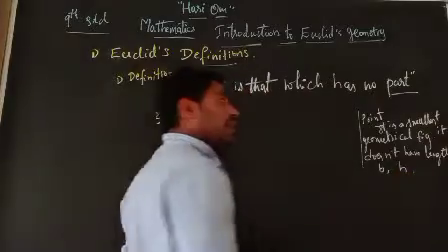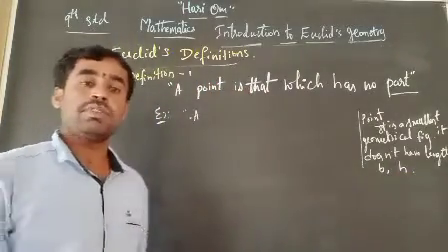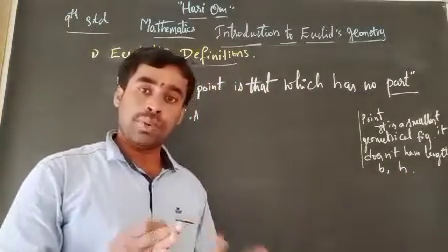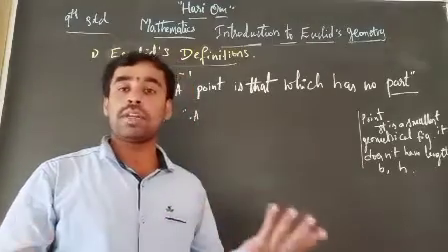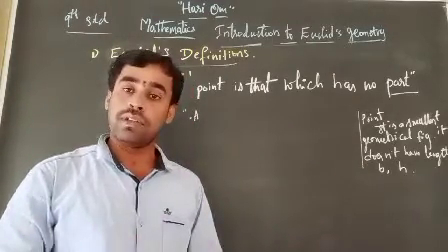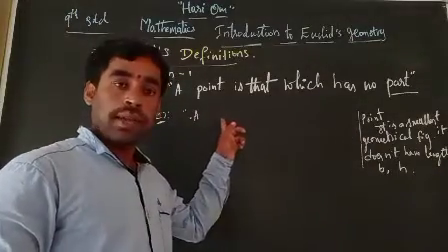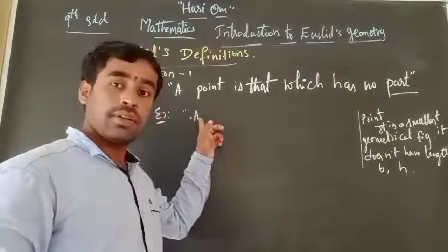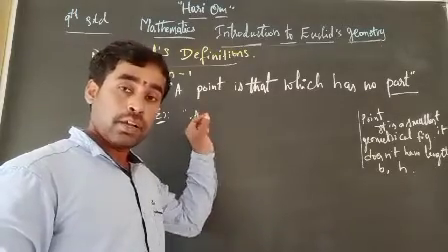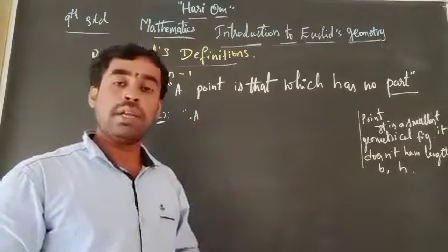Even it doesn't have any direction. A point doesn't have any direction means it doesn't have any length. Even it doesn't have any thickness, but it does occupy some space.